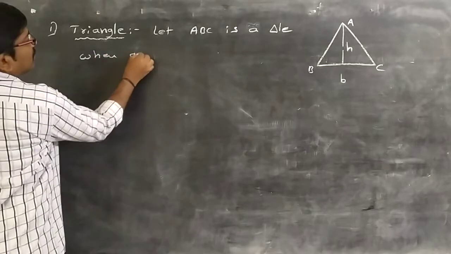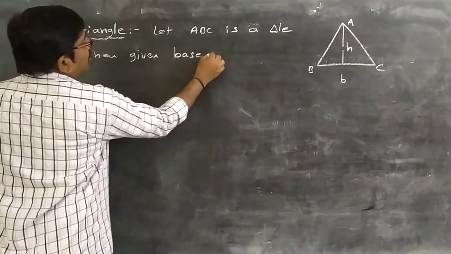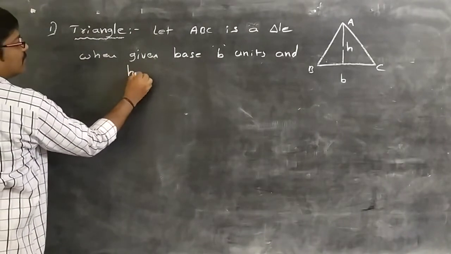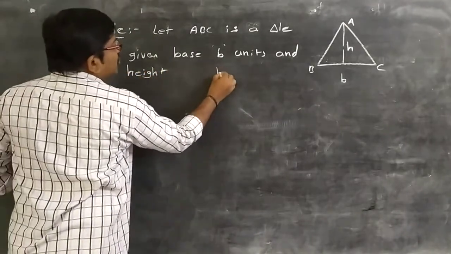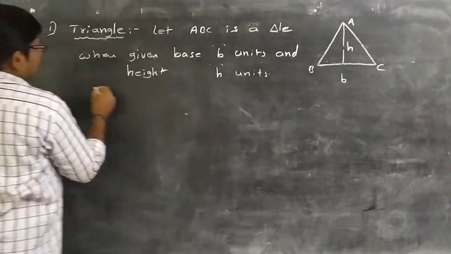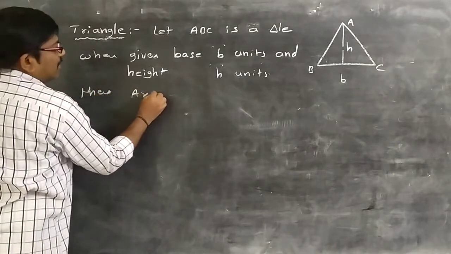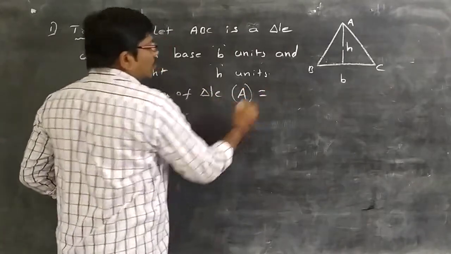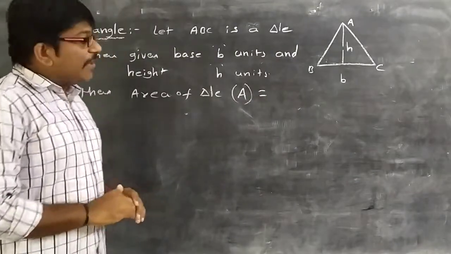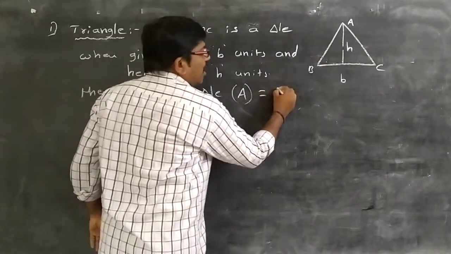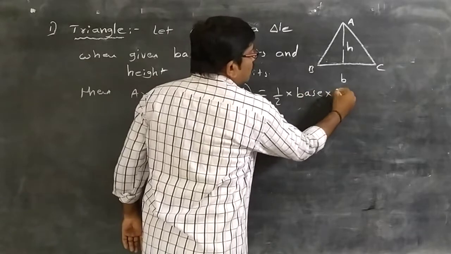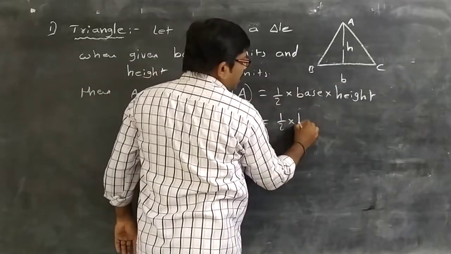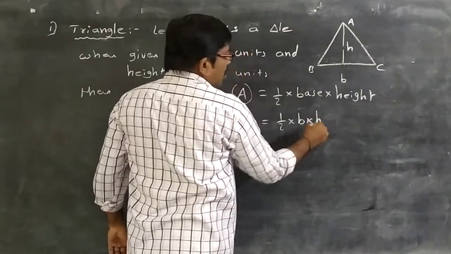When given base B units and height H units, then the area of the triangle, denoted with capital A, is equal to half into base into height. That is, half into B into H, half BH.